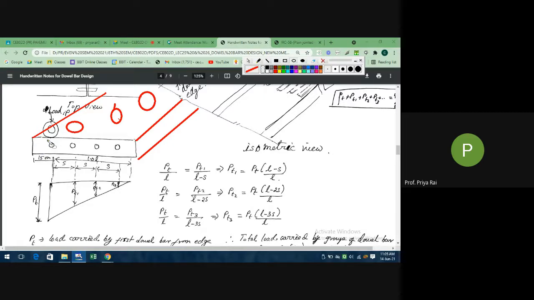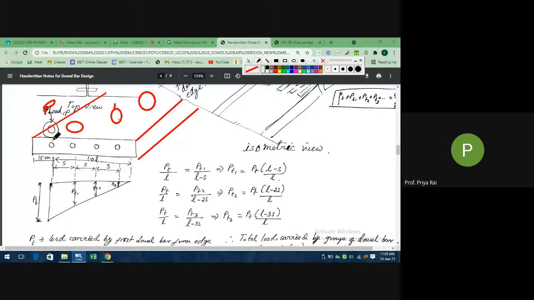From the edge of the pavement, this is the dowel bar, and all these four, if there are four people standing here, then the four dowel bars will transfer a certain amount of this load. As per the design, that amount is 40% of P. If the wheel load is P, then all of them together transfer 40% of P. But it will not be the same value for each. The dowel bars do not all transfer the same amount of load.